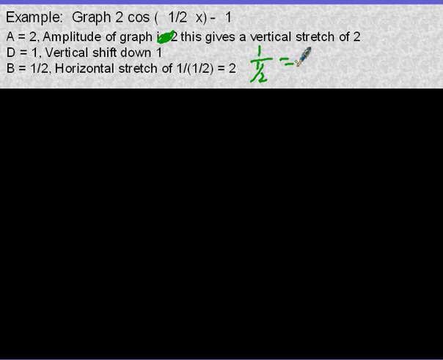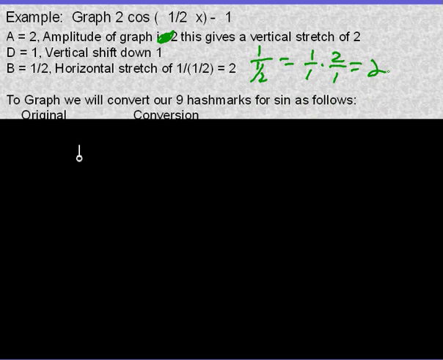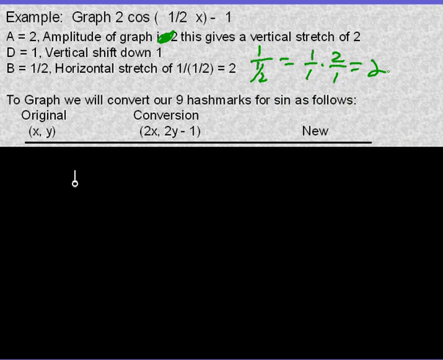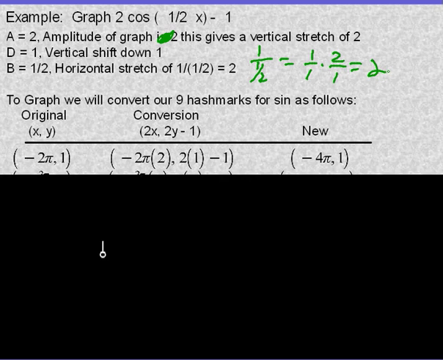So if you divide by a fraction, you can multiply by the reciprocal. So 1 is just going to be 1 over 1 times the reciprocal of 1/2. That gives us a horizontal stretch of 2. So we're going to multiply our x coordinates by 1 over b, which is 2. Multiply our y's by our amplitude, and then subtract our 1, which is our vertical shift.